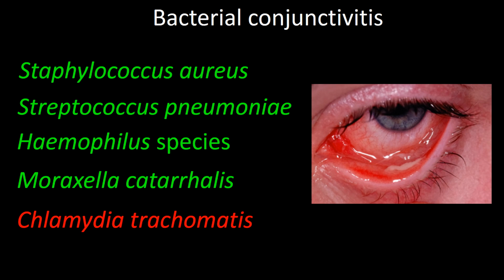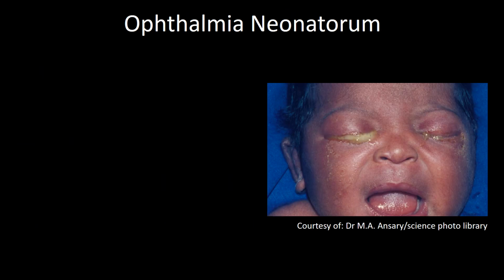Preauricular lymph nodes are often enlarged in patients with chlamydial infection, but not in other bacterial conjunctivitis, as we have just mentioned. The term ophthalmia neonatorum is used to refer to conjunctivitis presenting during the first month of life.